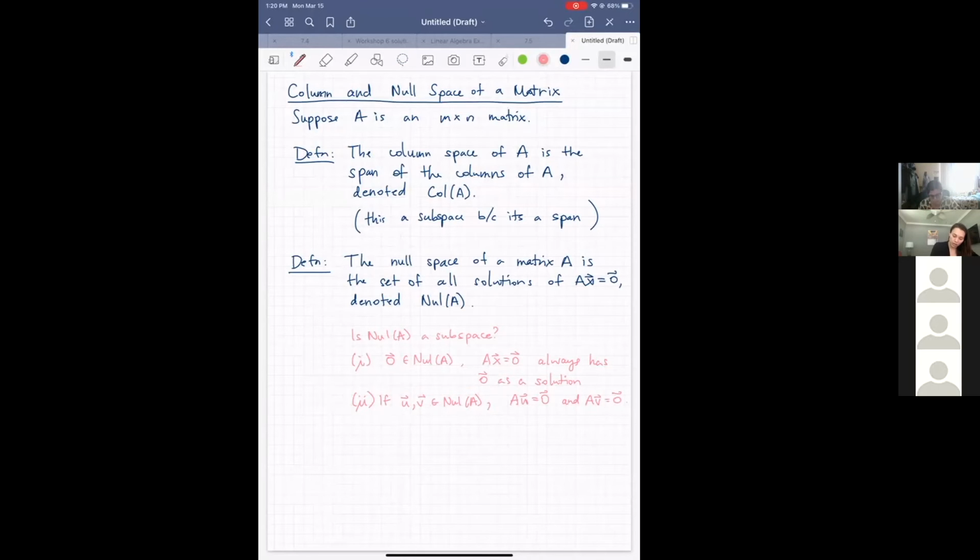So we can just look at A times (u + v). We want to know that this is equal to 0. That would mean that u + v is in the null space. And we know that this is equal to, we can just distribute, Au + Av, each of these is equal to the 0 vector. So we do get the 0 vector out of this. So this means u + v is in the null space if u and v are.